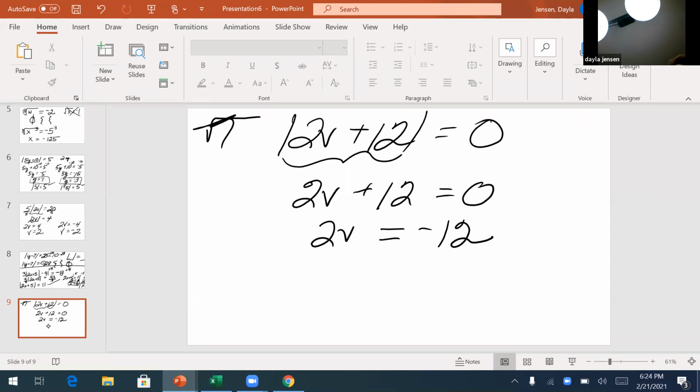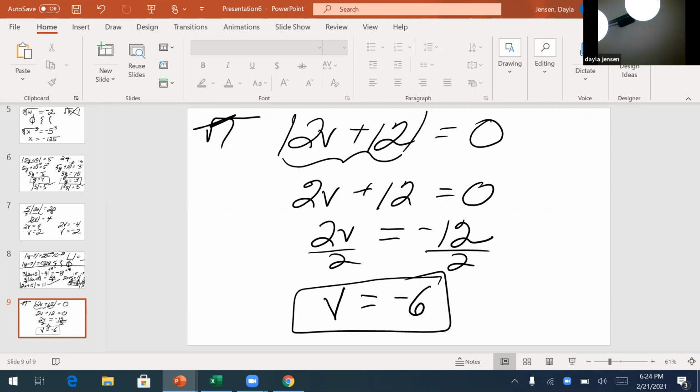Divide both sides by 2. v equals negative 6. Now, I need to check that back in the original equation. If I put a negative 6 and multiply it by 2, I get a negative 12. Negative 12 plus 12 is 0. So it checks. So there's another type of absolute value problem for you.